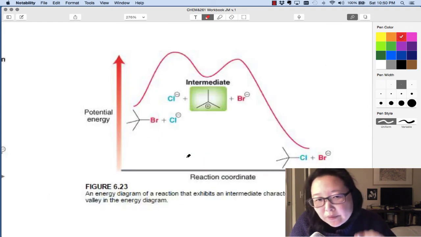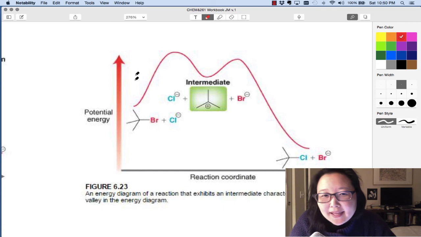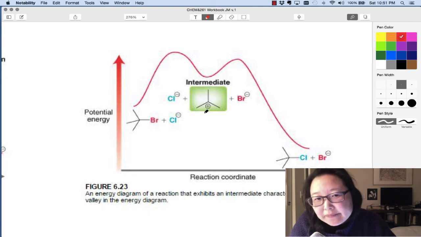And then here's another one where we have a two-step reaction. And which step is the rate determining step? I think you guys see this one has a larger activation energy, so the rate of this overall reaction is going to depend a lot on this first step. Here what's going on is the bromide is coming off, and we get a carbocation, which we'll learn about more in the next session.